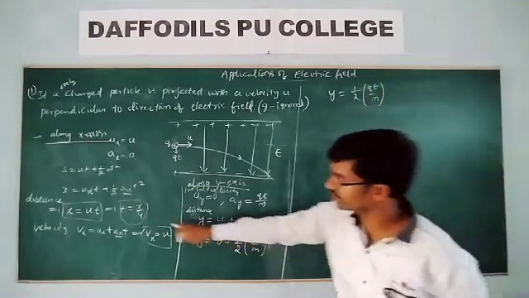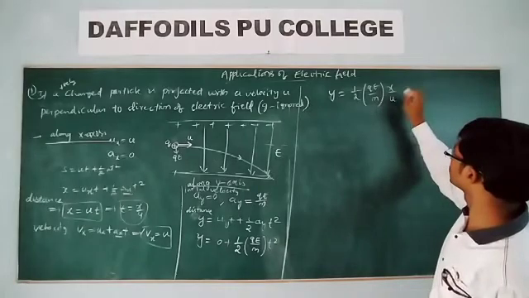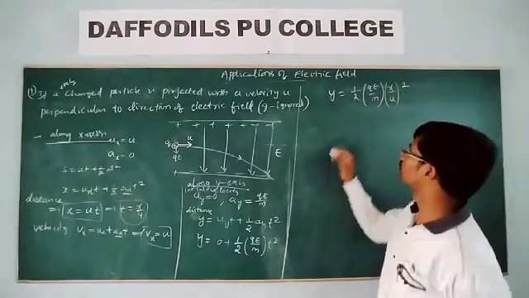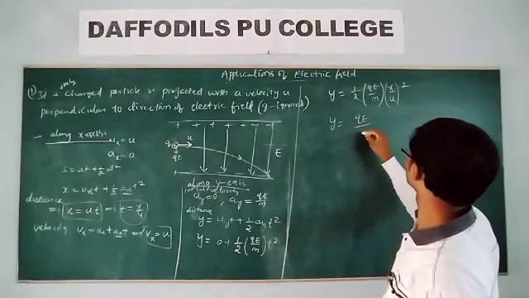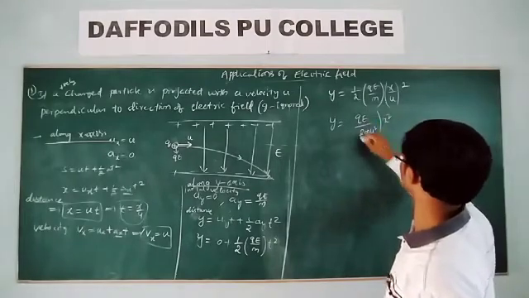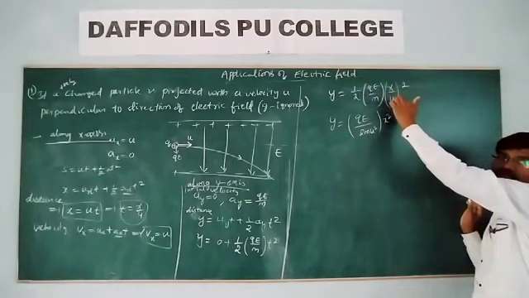Look at this one, instead of t, can I write x by u? Then x by u whole square. Therefore, y is equal to qE by 2m u square into x square.